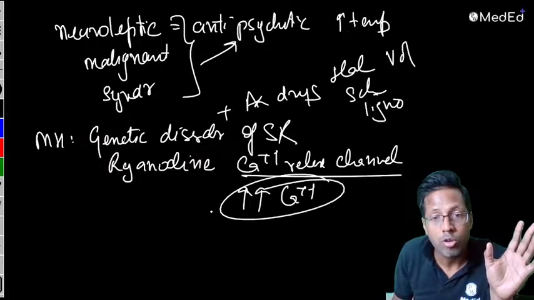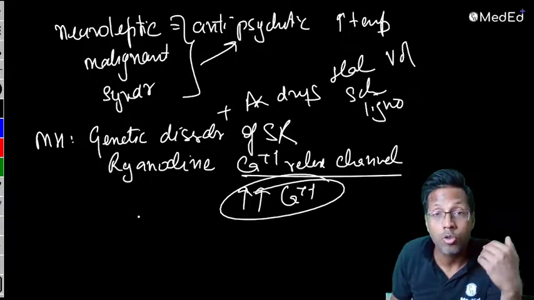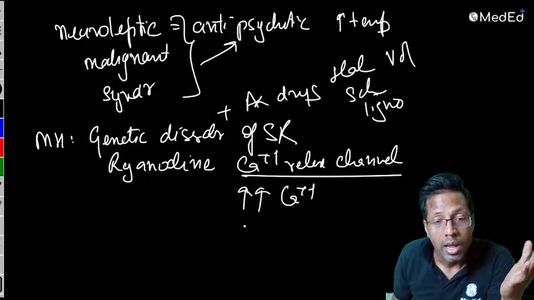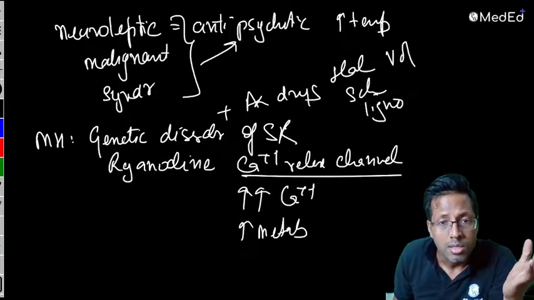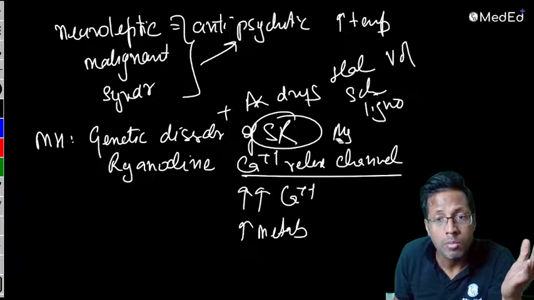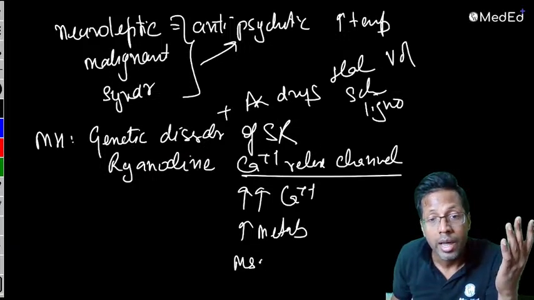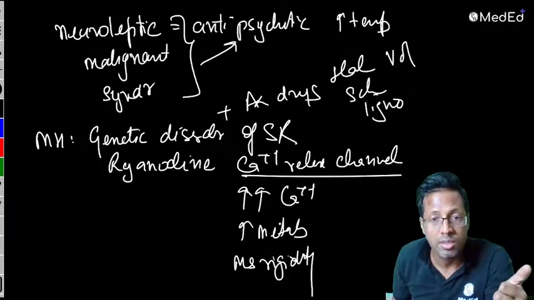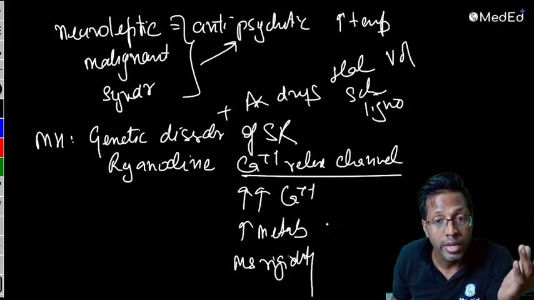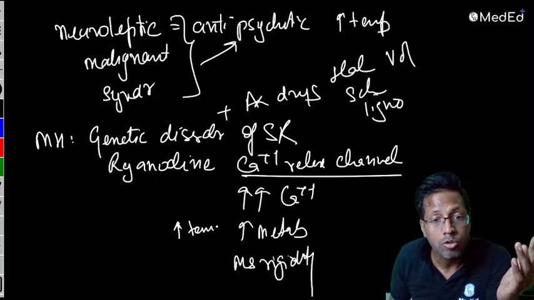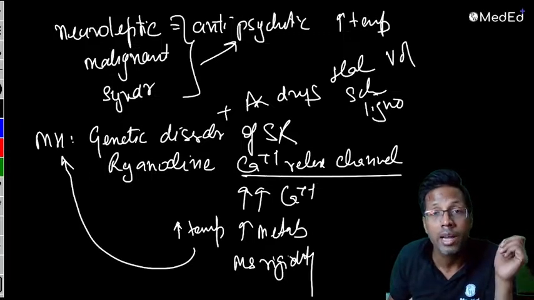Because of the increased calcium release, there are arrhythmias, and increased metabolism. Because the sarcoplasmic reticulum is present in all muscles, there is muscle rigidity. Increased metabolism leads to increased temperature that does not go down, which is why it is called malignant hyperthermia.